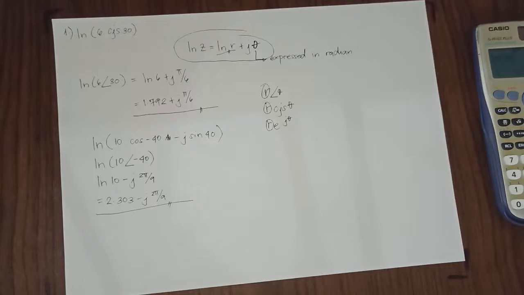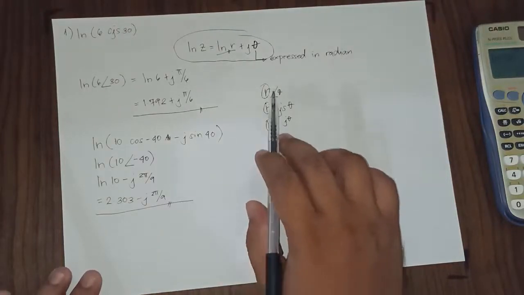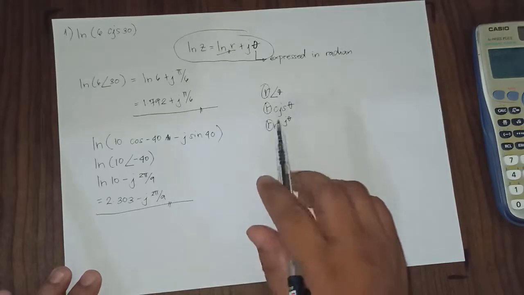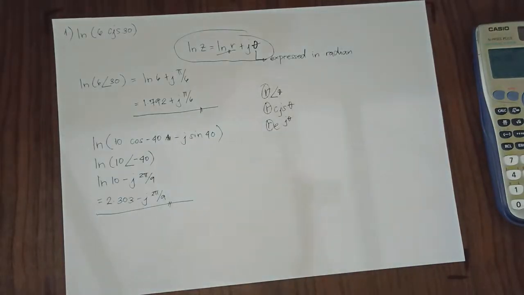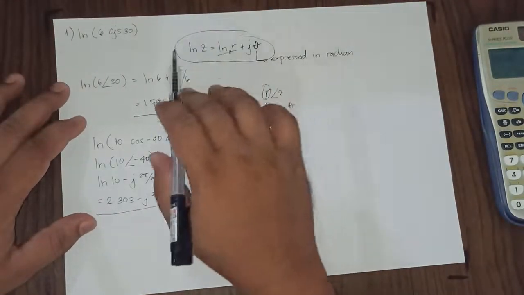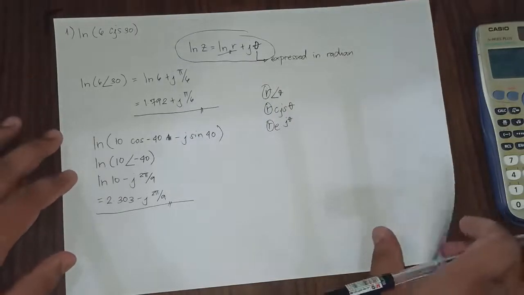You just have to convert that into form na meron siyang magnitude, no? Meron namang magnitude doon sa tatlo, polar, trigonometric, and exponential. Then, kunin nyo lang yung radian value noon, and then proceed na kayo sa ganyang form. Okay?